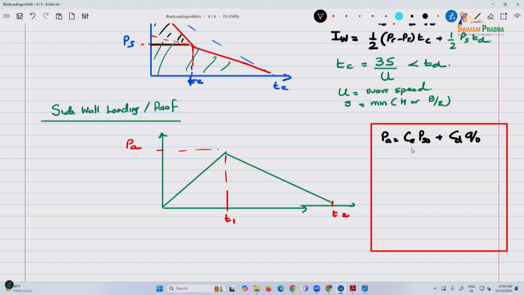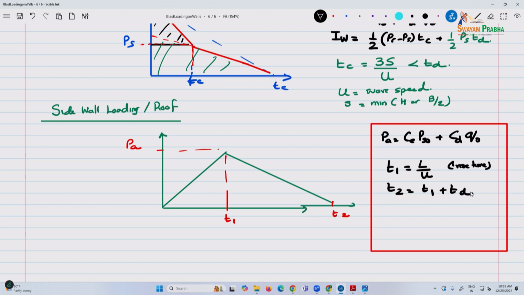And as I've seen, you can take CE from the UFC 340. And then you have T1 equal to L divided by U, and T2, this is the rise time, T2 is T1 plus TD.